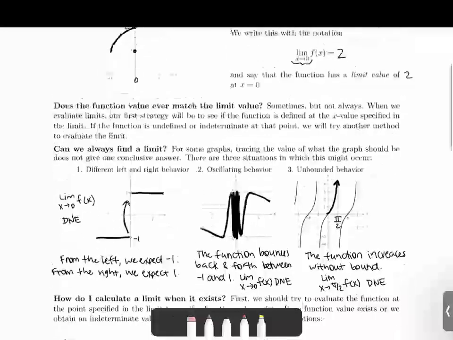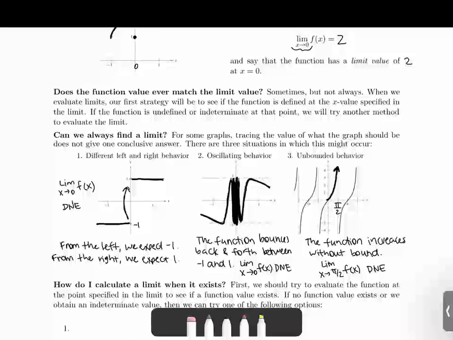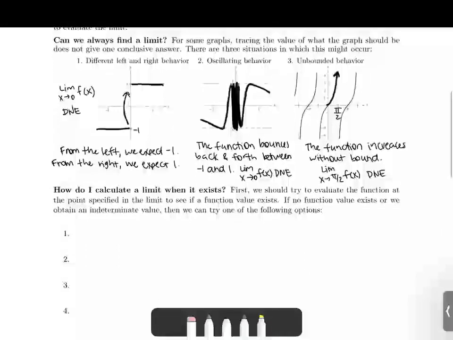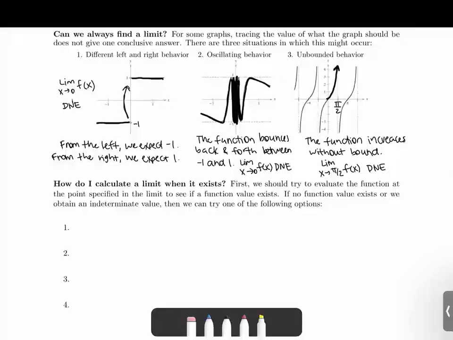So we're going to switch now to look at some methods of evaluating limits that don't rely on us looking at the behavior on the graph. Your instructor may call these analytic methods, and they're just going to use the equation of the function that we're given. First, we should try and see if the function value exists, and see if that limit value is going to match the function value. If no function value exists or we get an indeterminate, we have 4 options.